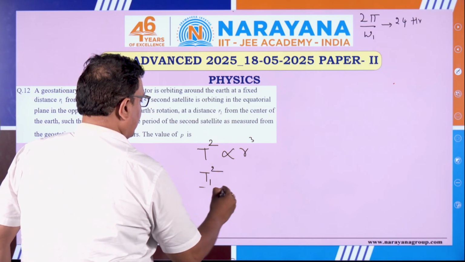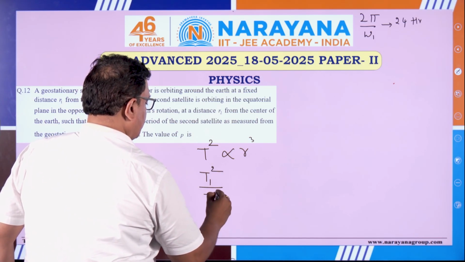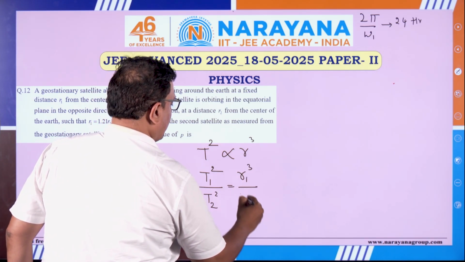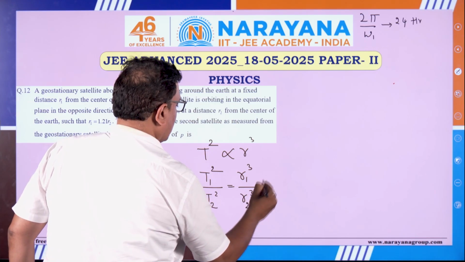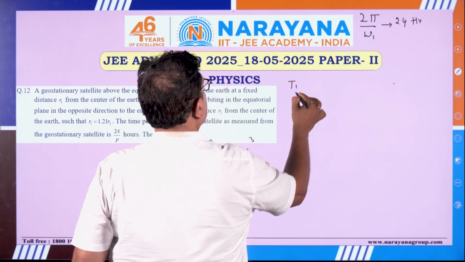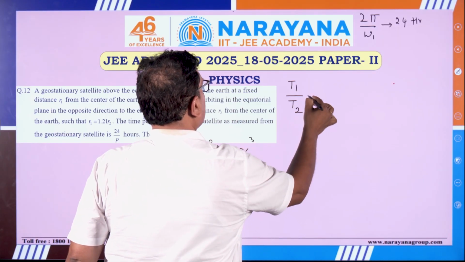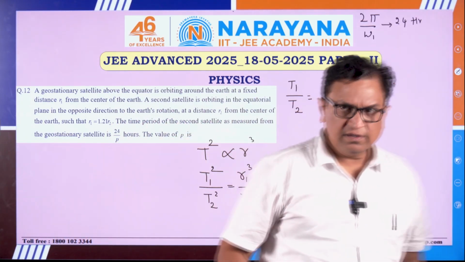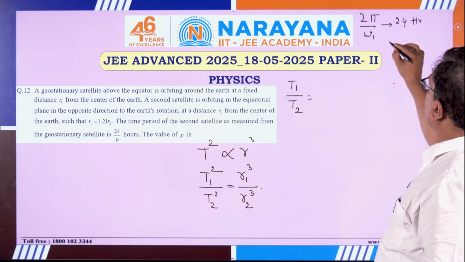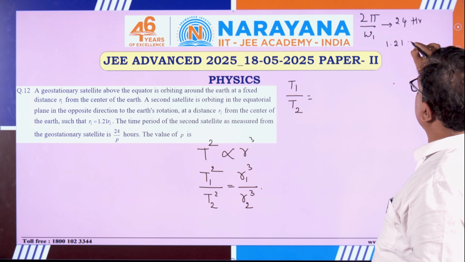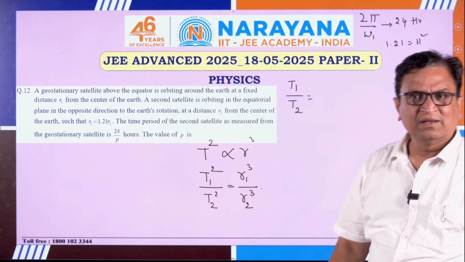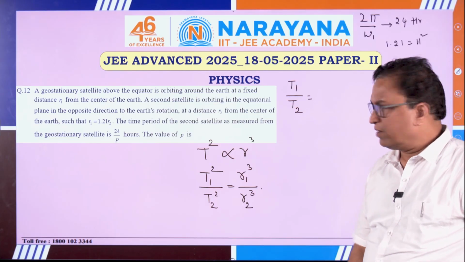T1 square by T2 square is R1 cube by R2 cube. T1 by T2 is given as, see, R1 by R2 is 1.21. 1.21 is nothing but 1.1 square. 1.1 square is 1.21.